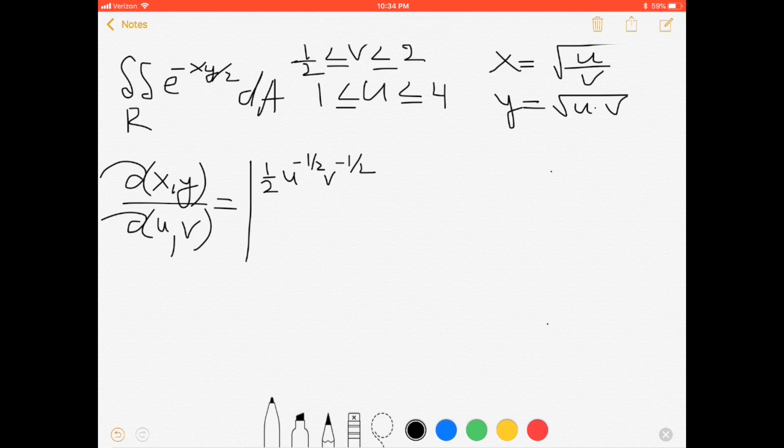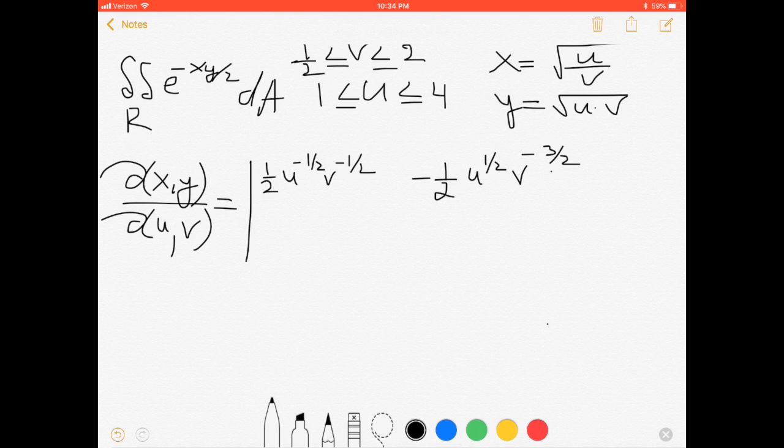With respect to v, the derivative, it will be negative 1/2. This means negative 1/2, u will stay with 1/2 power, and v will be negative 1/2 minus 1 is negative 3/2.